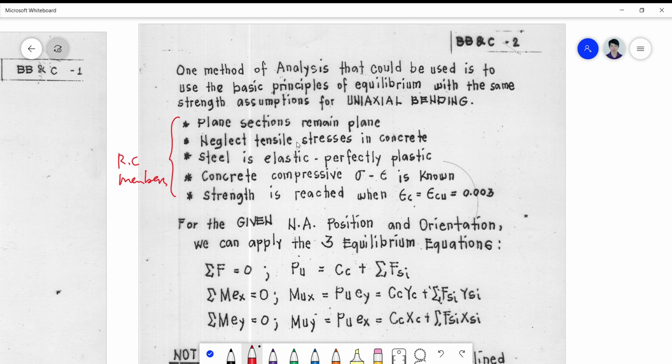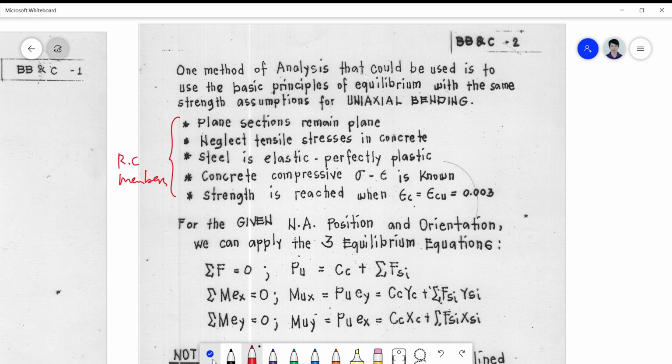Okay, so compatibility, tension is 0, steel is elastoplastic, concrete sigma-epsilon is known, and of course the ultimate strain of your concrete is assumed to be 0.003.